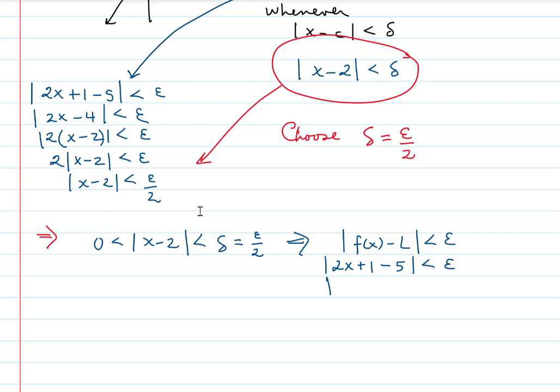Well, let's see. We've already done it over here, but let's redo it again. This is the absolute value of 2x minus 4 less than epsilon. We factor the 2 out, and we can get that 2 out of the absolute value, and we get this. Now, remember we said the absolute value of x minus 2 is less than delta.